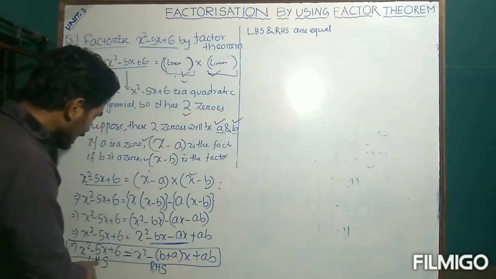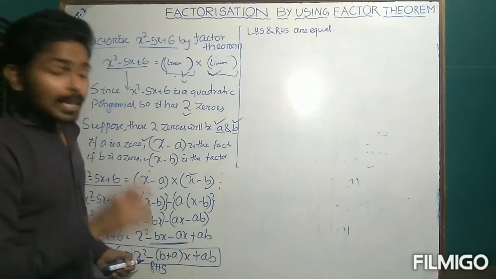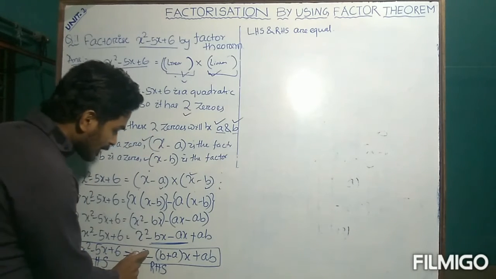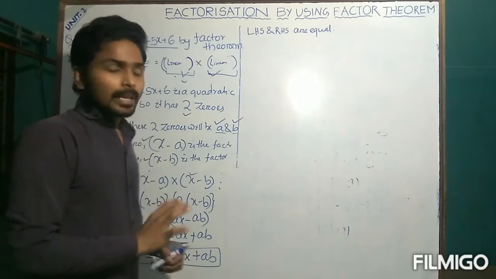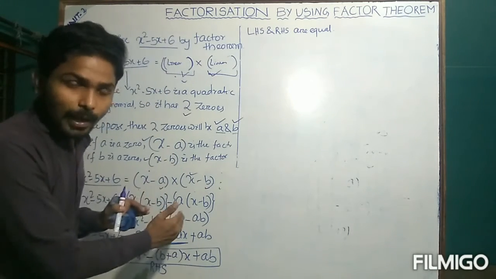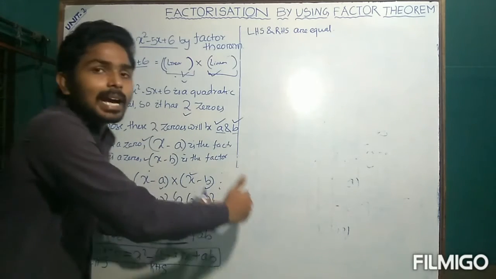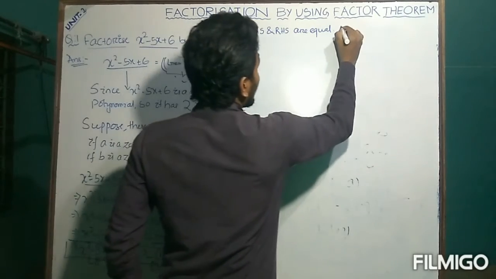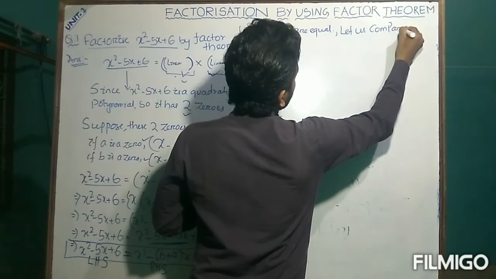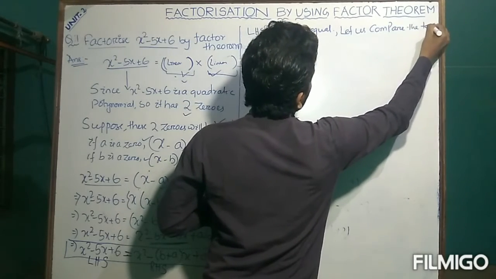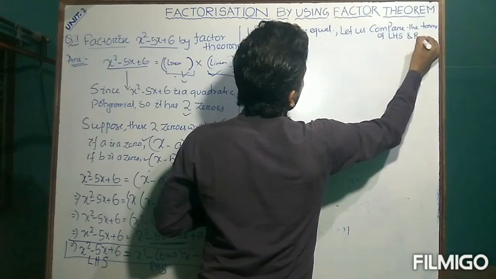You can see in LHS we have three terms: x square minus 5x plus 6. And in RHS we also have three terms. One is x square, one is minus of (b plus a) into x, plus ab. So since LHS and RHS are equal, we are going to compare the terms of LHS with RHS. So let us compare the terms of LHS and RHS.